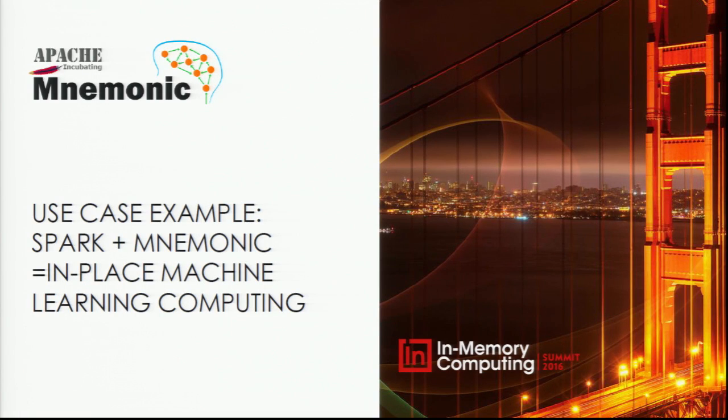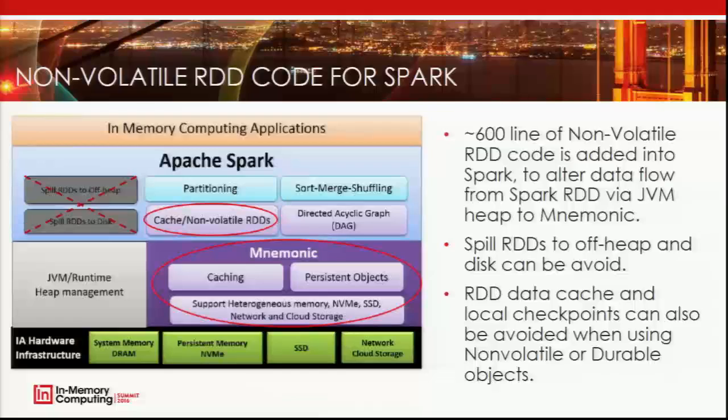So we actually built the Spark usage model for this. What we have done for Spark is build a non-volatile RDD. Based on our non-volatile object programming model, we annotate the code with the @ sign non-volatile RDD, and then the non-volatile RDD specifies their data, and that data is going to be stored in the persistent memory or storage.